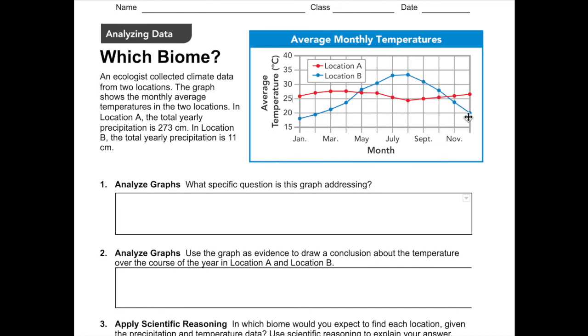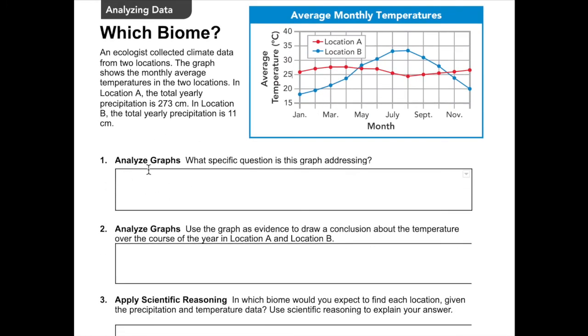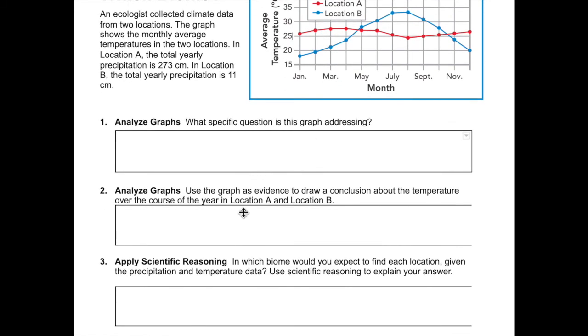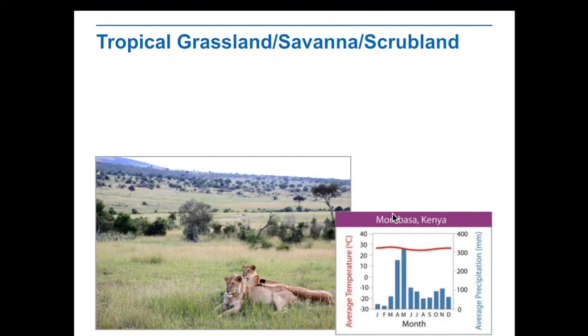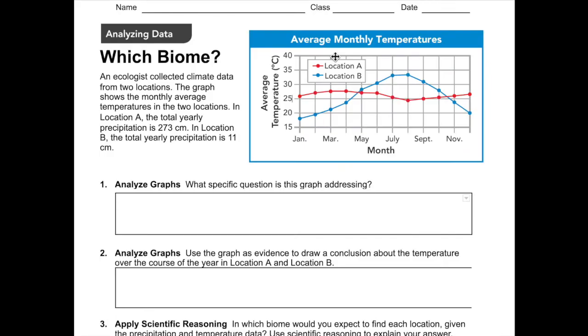It's asking you to, first of all, answer what this graph is telling you in the first place. Then it's asking you to try to find the location. For that question, you're going to go back to your textbook and look at the climate diagrams for each biome and try to match up which one looks similar or has similar data to this different display of data.